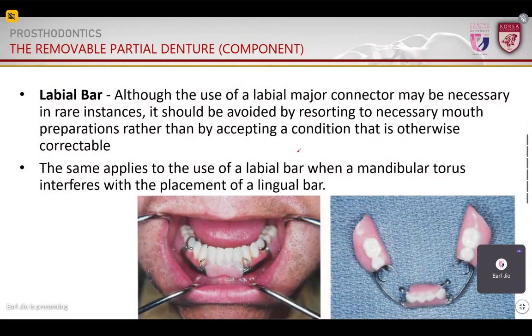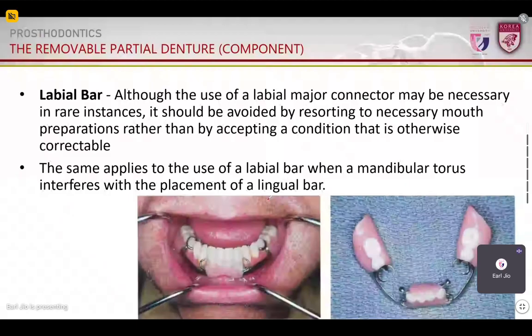Next, labial bar. Although the use of a labial bar major connector may be necessary in rare instances, it should be avoided by resorting to necessary mouth preparation rather than accepting a condition that is otherwise correctable. The same applies to the use of a labial bar when a mandibular torus interferes with the placement of a lingual bar.